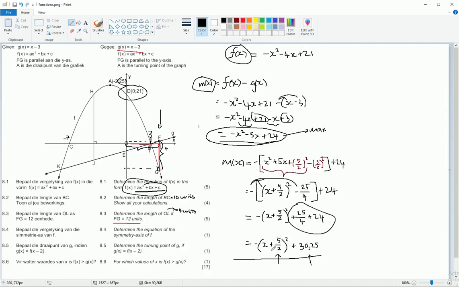Our p value is minus 5 over 2. Our q value is 30.25. The q value is the maximum distance between your two graphs. So if I asked for the maximum distance of hj, you would tell me that it is 30.25. Great, that's a very nice question.